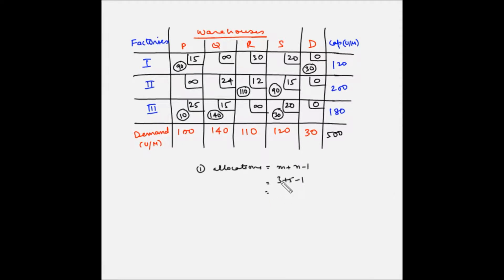So this is 5 plus 3, 8 minus 1, which is 7. And let's count the number of allocations. So we have 1, 2, 3, 4, 5, 6, and 7. So the number of allocations is equal to m plus n minus 1. So this condition has been met. And the second condition is that the allocations should be in independent positions.